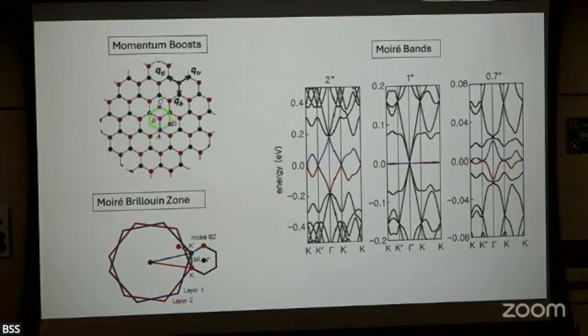So it turns out those other two regions of momentum space have the same Q, and therefore they have the same coefficient, which I can take outside the integral, except that the Q's are rotated by plus or minus 120 degrees.